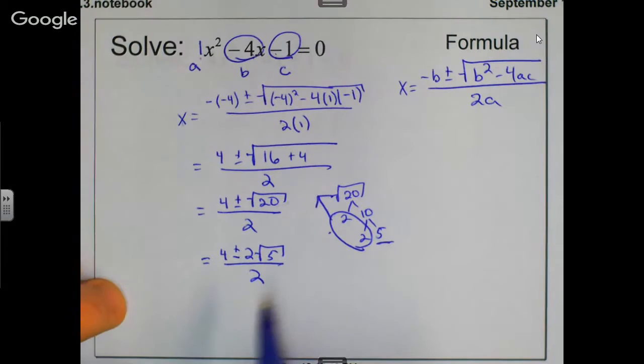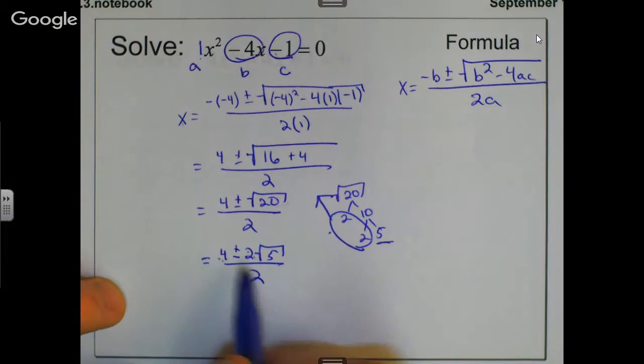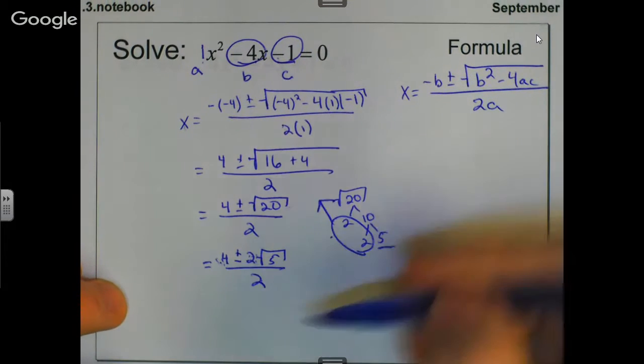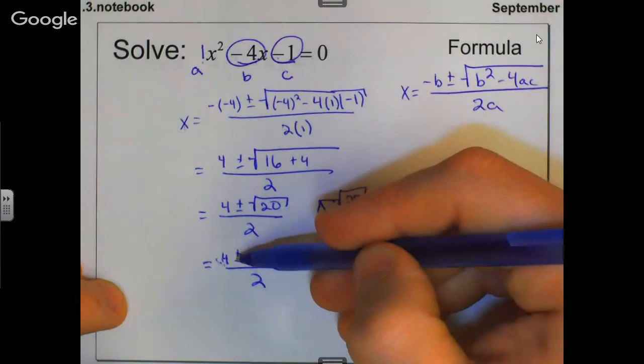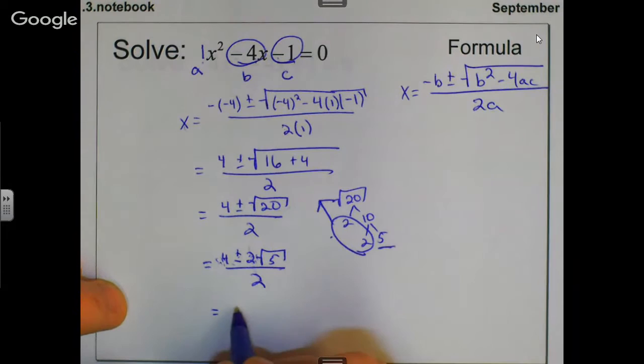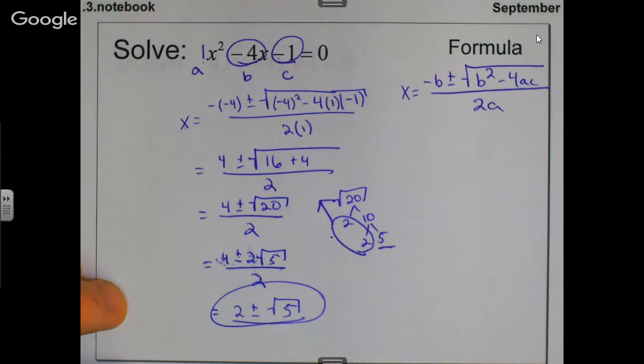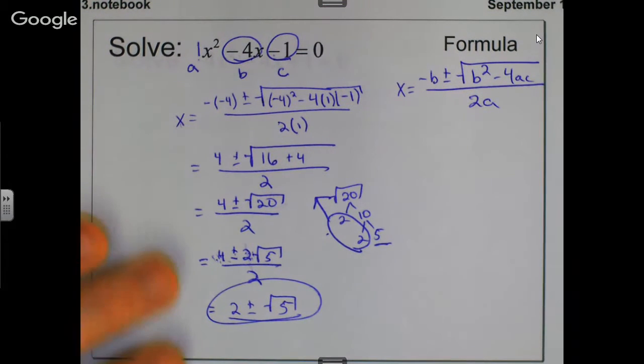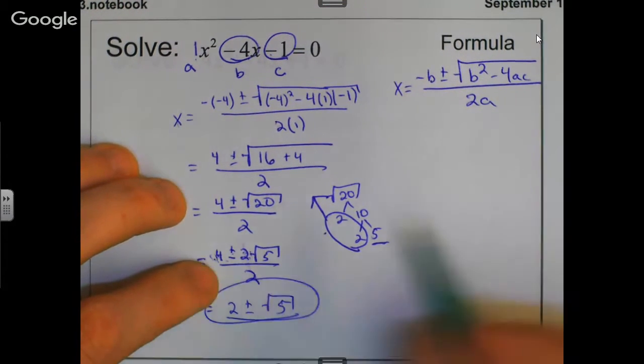And notice here, all 3 of these terms are divisible by 2. I cannot just cancel these because of this plus or minus. So I have to cancel all 3 at the same time. So that's 2 plus or minus radical 5. Okay. So a couple additional things about the canceling here.